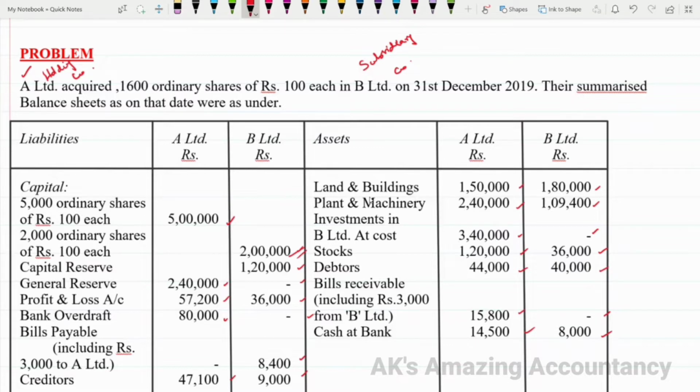So how many shares are there in B Limited? 2000 shares. Out of these 2000 shares, A Limited is acquiring 1600 shares of rupees 100 each in B Limited.